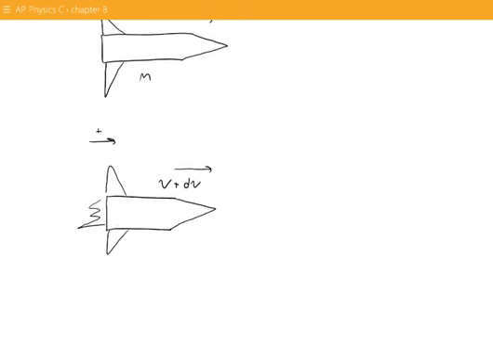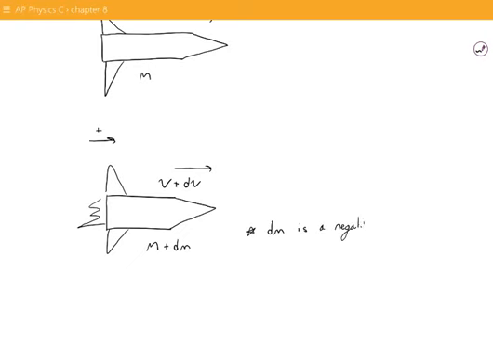And the rocket is going to have some mass minus some small change in mass. I'm going to keep things the same way they're in the book. Your book defines dm as a negative change in mass. So that's something that we're going to want to remind ourselves of as we're working through this.